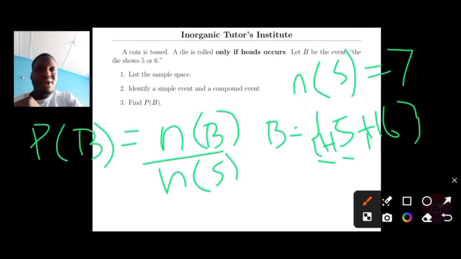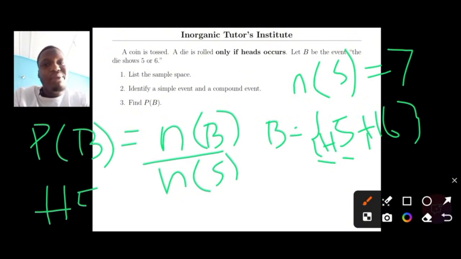If you roll a 5, you win this game. Does it mean you just go there and take the die and roll it and get a 5? No. You have to do something before you can take the die. And that thing that you have to do is to get a head before you can proceed with a 5. So generally you might see the thing being just a 5.